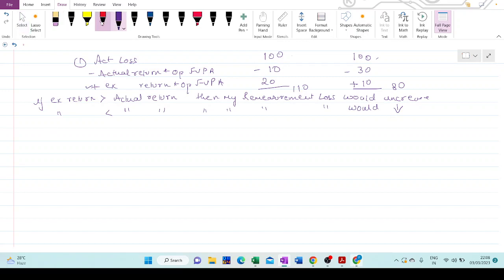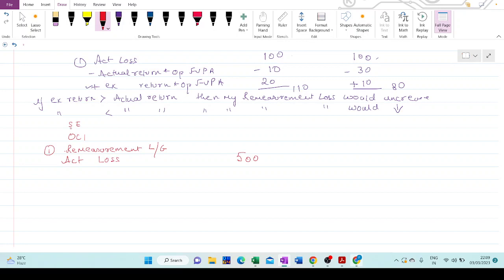So what we do is, in my OCI, which is reported under stockholder equity, under my remeasurement gain and loss, I record an actuarial loss of 500, right? Why do I record an actuarial loss of 500? Because there has been a change in an actuarial assumption that has caused my PBO to increase, right?